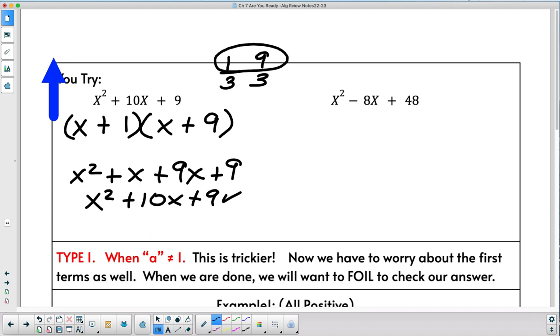Now, in this other one, when you come back here, I've got 48, and that's 1 and 48, 2 and 24, 3 and 16, 4 and 12, 6 and 8, all factors of 48. But now I've got to look for a factor pair of 48 that adds or subtracts to be negative 8.